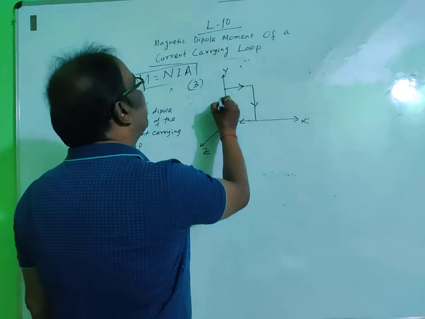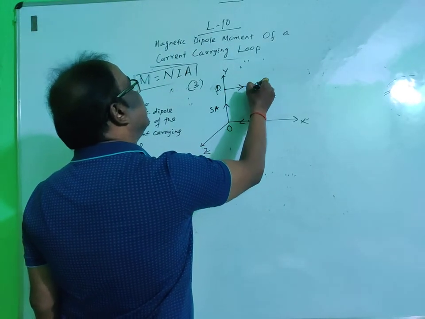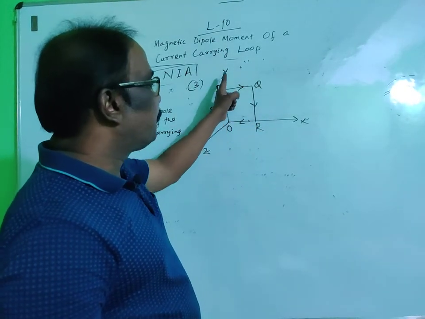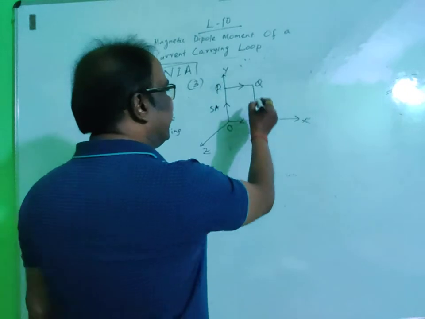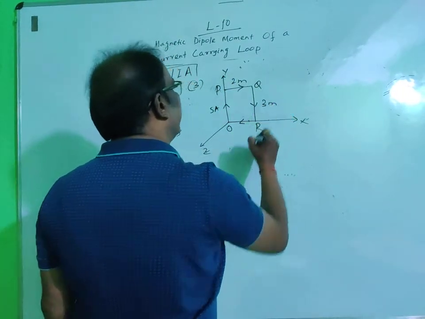You may name it O, P, Q, R. Rectangular loop, current flowing is 5 ampere. Okay. This side is 2 meter and this side is 3 meter.